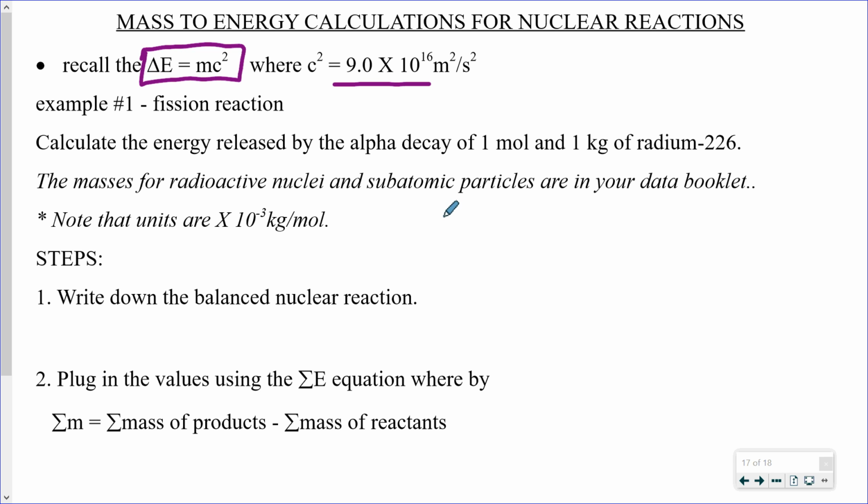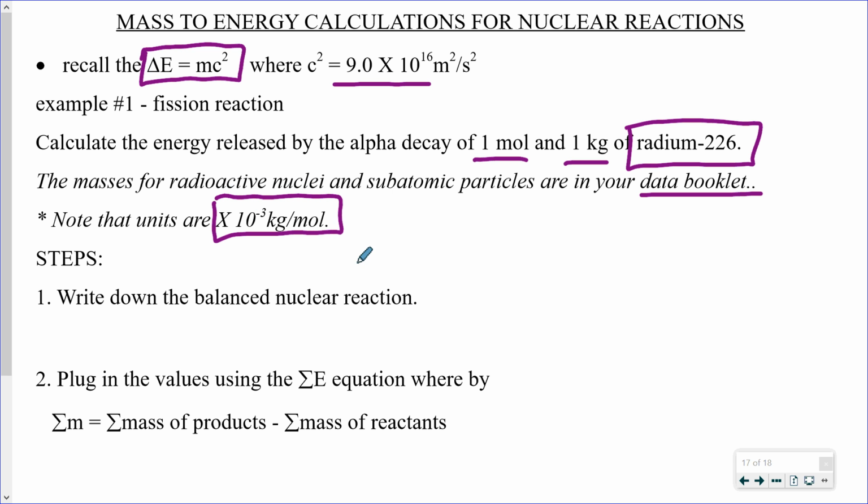I'm going to do the calculation for the alpha decay and the amount of energy generated from 1 mole and also from 1 kilogram of that radium-226. And just a reminder, it's all in your data booklet, and you cannot forget this or your calculations will most definitely be wrong: every number is times 10 to the negative 3.